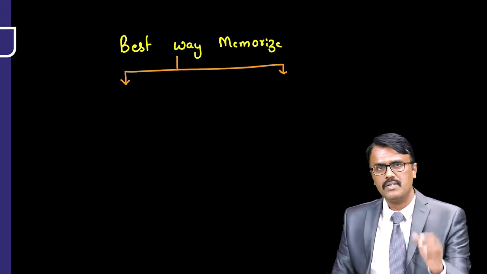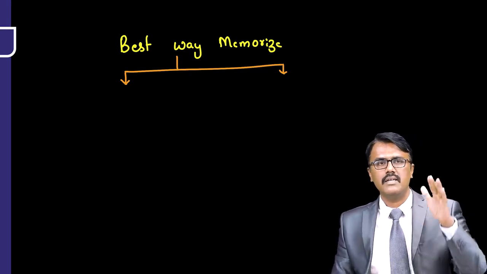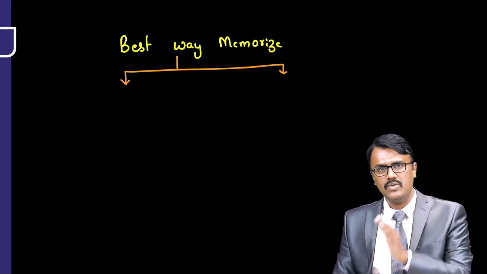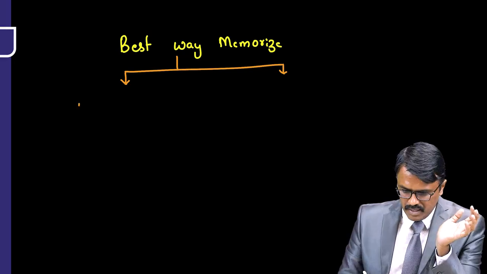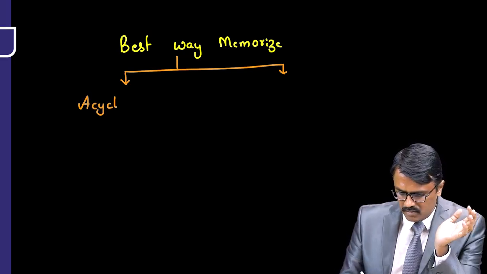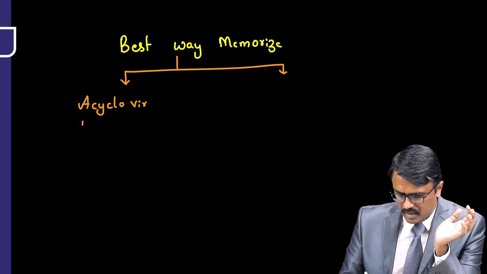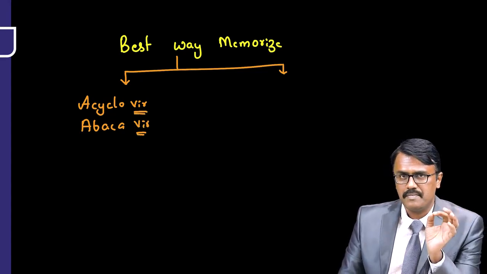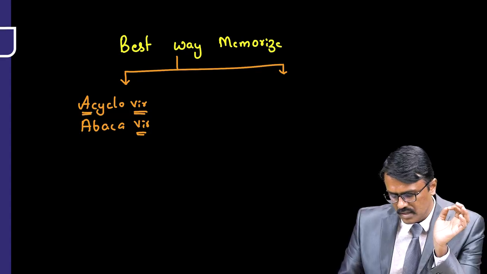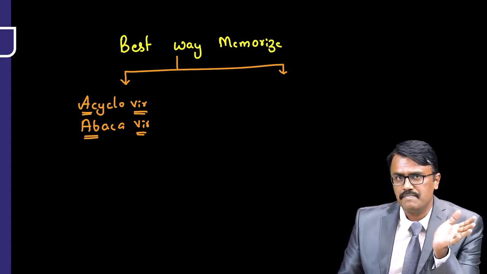If you go to the index, all the drugs will be listed starting with A, starting with B. So you will know what drug is what. For example, if they have given a drug by the name acyclovir and a drug called abacavir, which you are going to study later, they both sound similar. But acyclovir is used for herpes, abacavir is used for HIV. So that differentiation you can get.